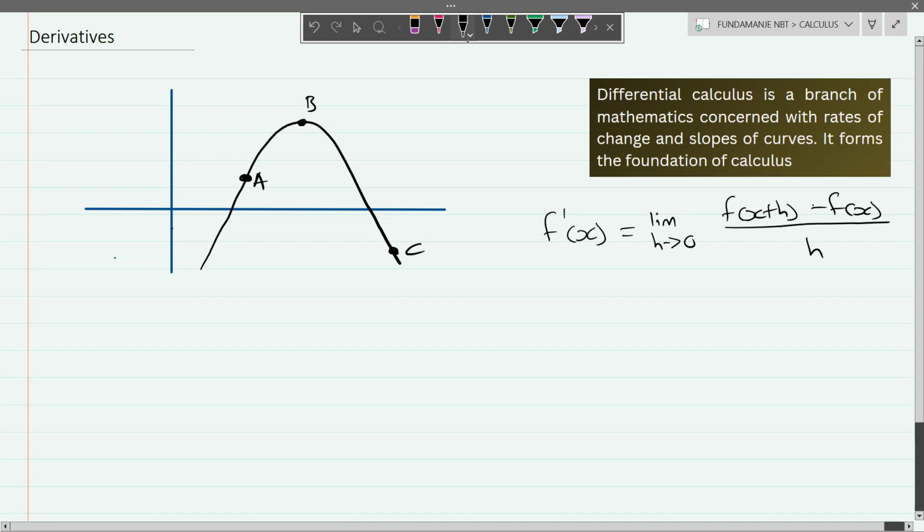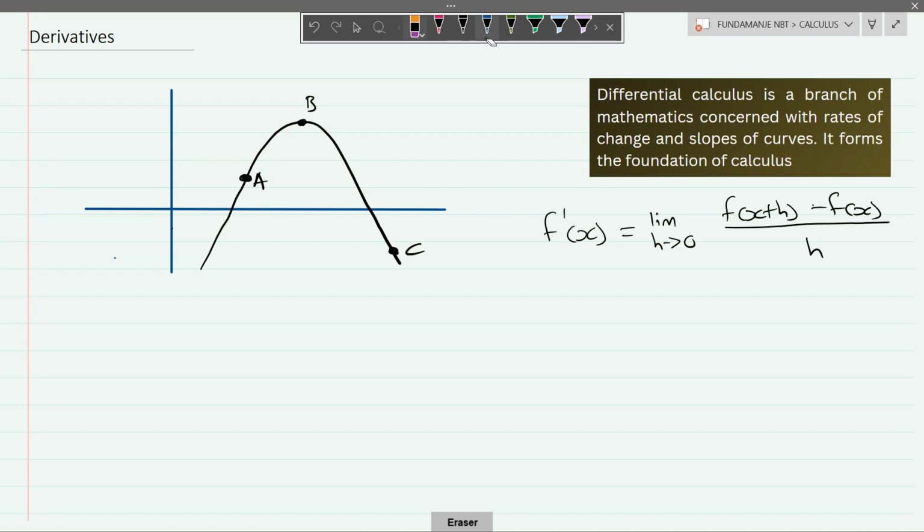So this is the formula of first principles, and you can find the derivative of any function using this formula, but it is hardly the case that you ever need to use it, because this formula is just a method to arrive at the answer, whereas there's a much simpler way that you can arrive at the same answer without following these tedious steps.